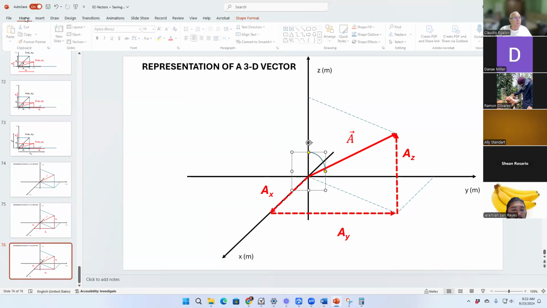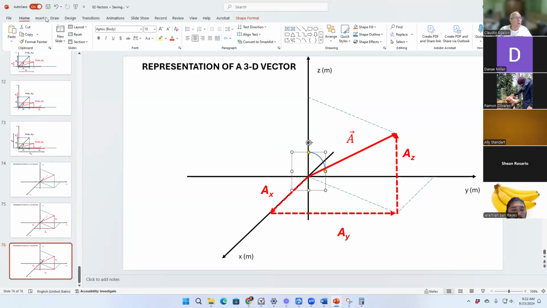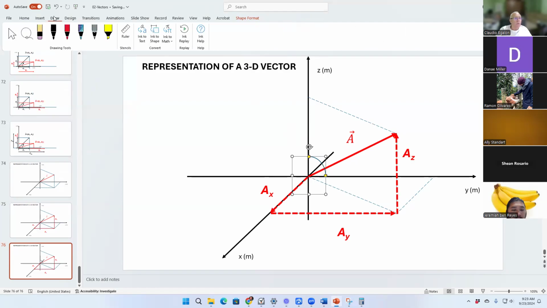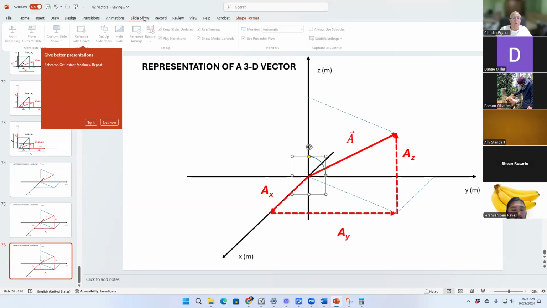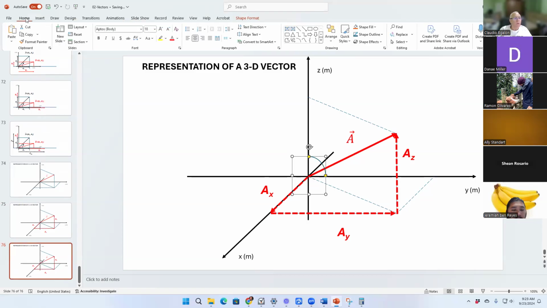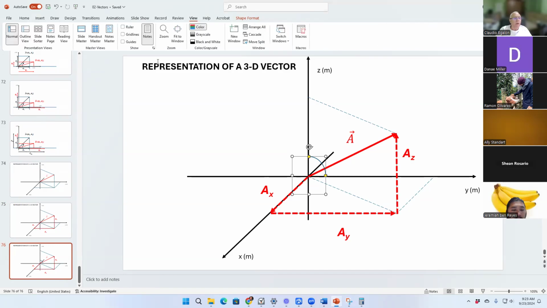And I need some more stuff here. Okay, now I'm not going to struggle with that. Let's see, maybe I will. Draw, design, transition, animation, slideshow, view. That's what I want to view. Grid lines. Okay, I found what I want.